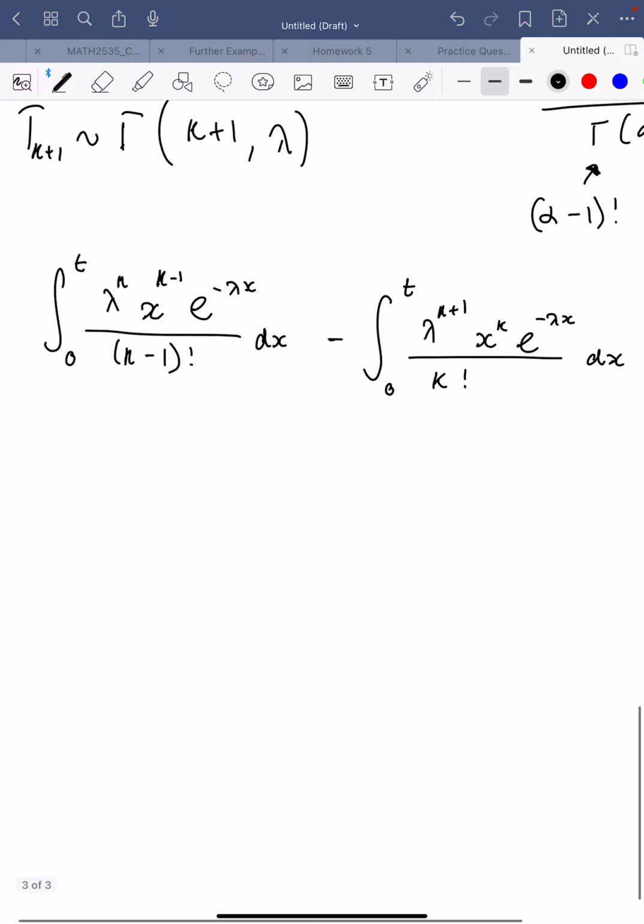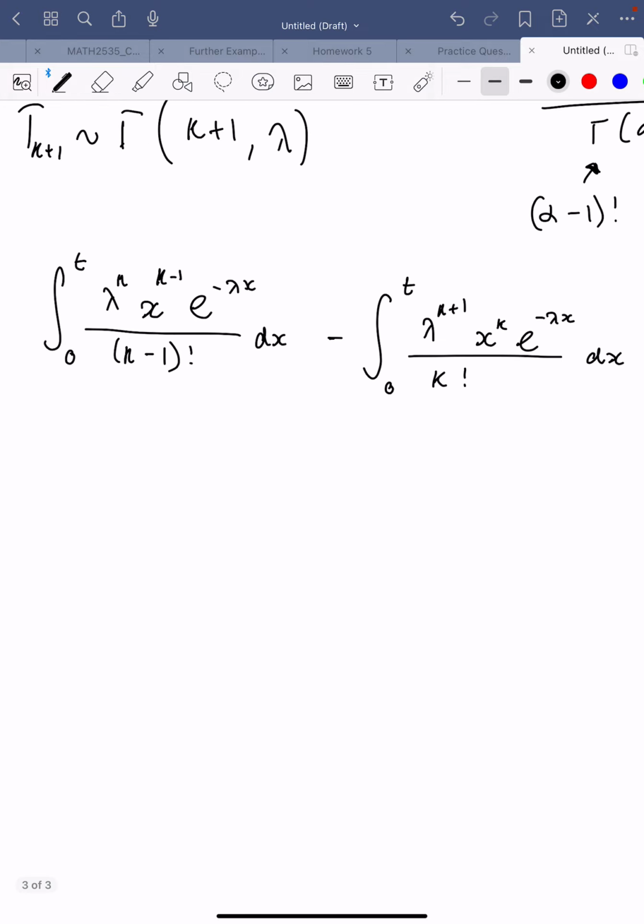Now the formula booklet also includes the cumulative distribution in terms of sums.